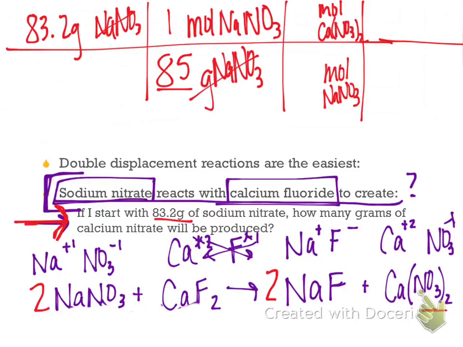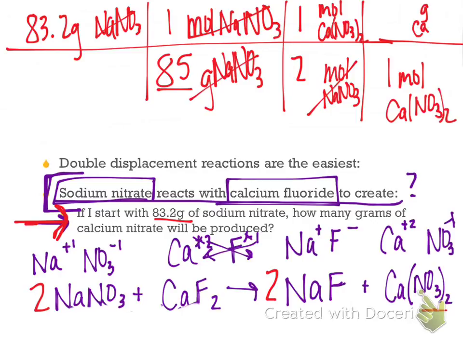Okay, and what's our mole ratio here? Top to bottom, what's our mole ratio? 1 to 2, very good. Now we would say 1 mole of calcium nitrate is to so many grams of calcium nitrate.